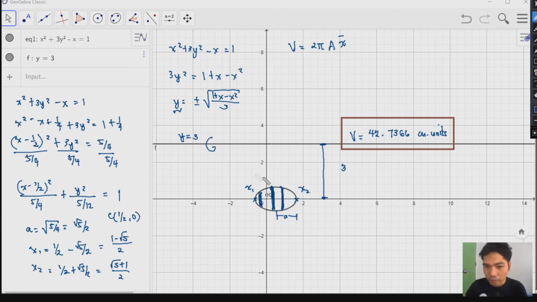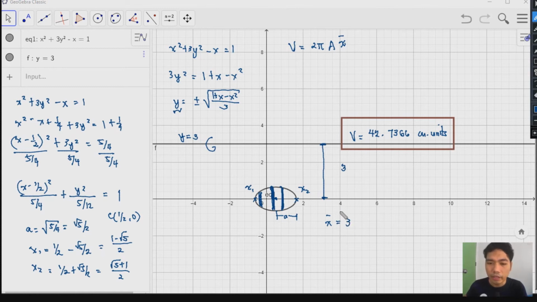So in this case, if we know quite well that the center lies at (1/2, 0), the distance from this center is just simply the difference between the value of y and the value of y of your center. So that's something like 3 minus 0, and that is 3. So therefore, just by looking at the figure, or just by inspection, we could say that x bar is equal to 3.